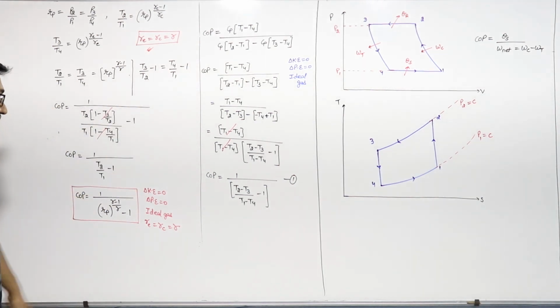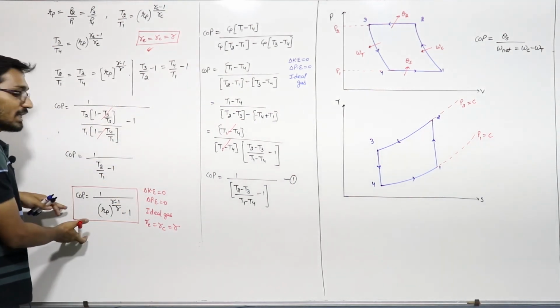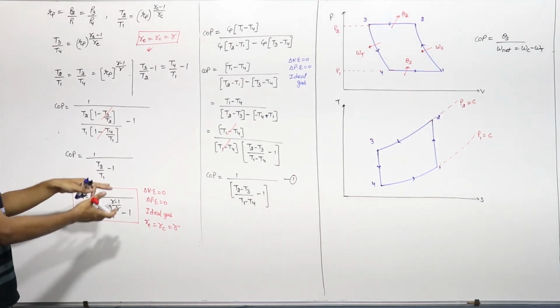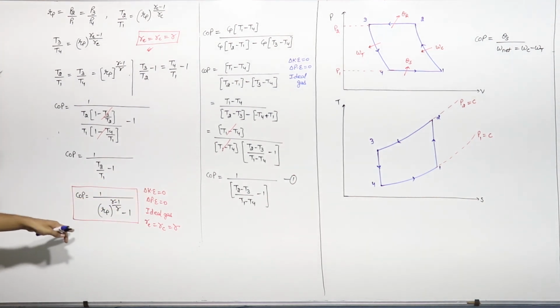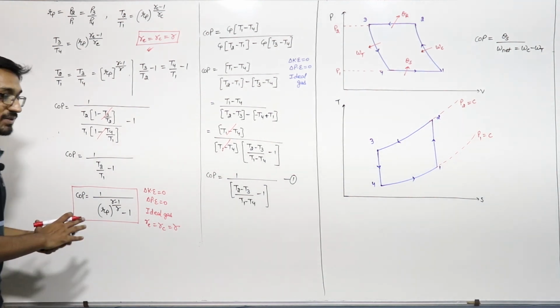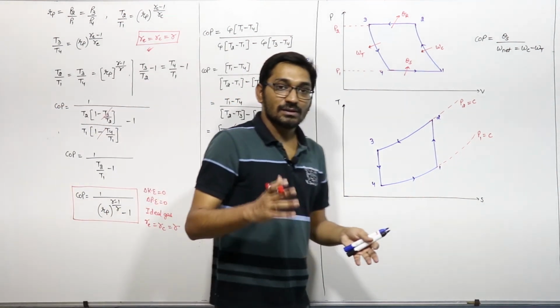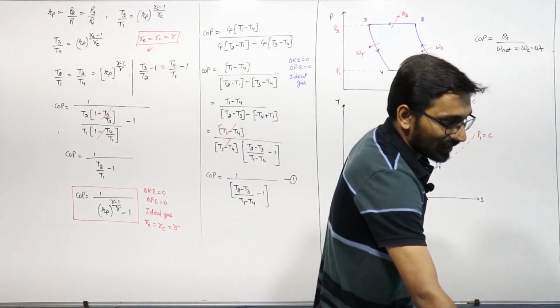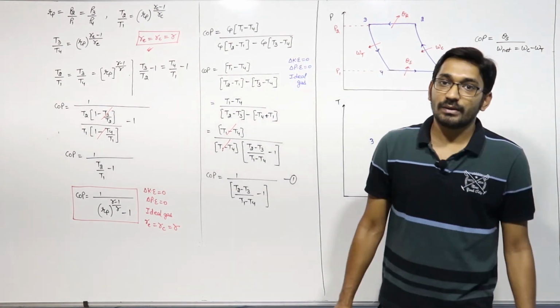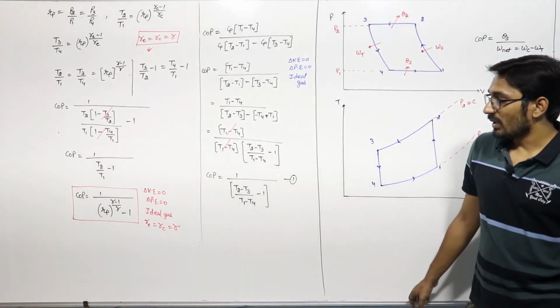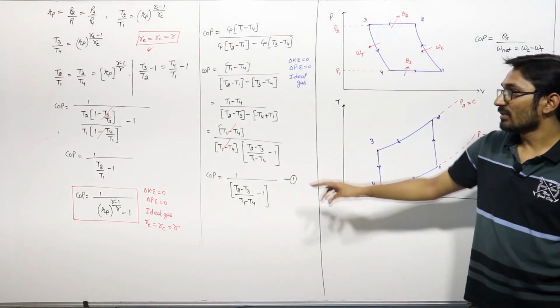These are the four assumptions in which we are using this equation. So this is the COP of your reversed Brayton cycle, that is 1 upon (Rp raised to power (gamma minus 1) upon gamma, minus 1).